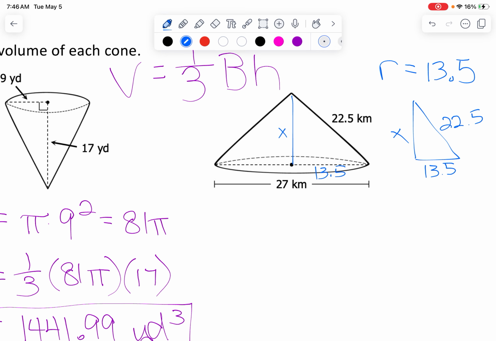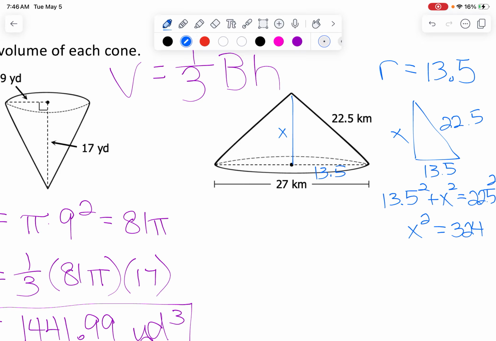So I'm really saying 13.5 squared plus x squared equals 22.5 squared. If I solve that for x squared, I end up with 324.